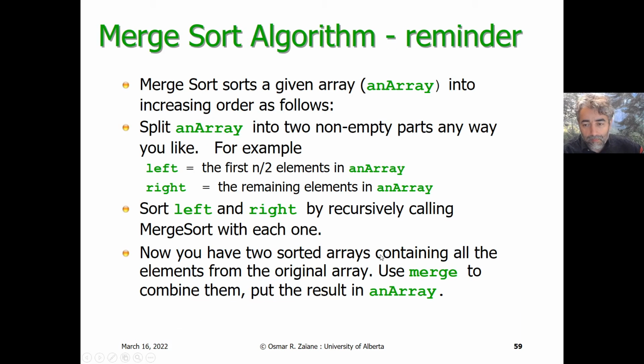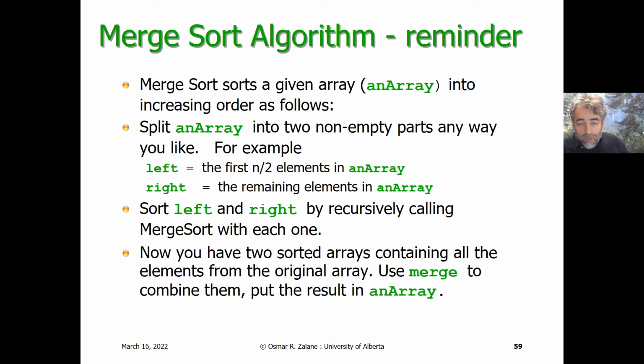So in merge sort, we're given a container, let's call it an array, and we want to return the same array with the elements ordered in increasing order. The way we did it, we split the array right in the middle into two parts.